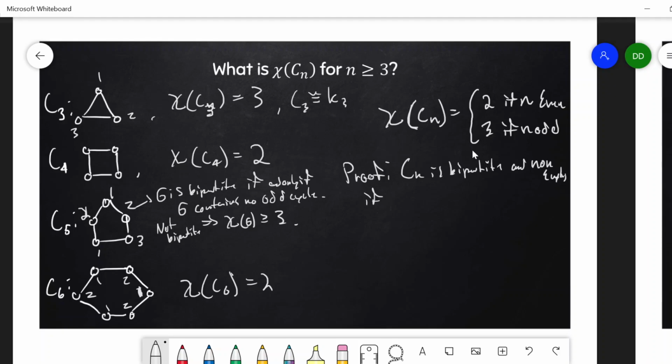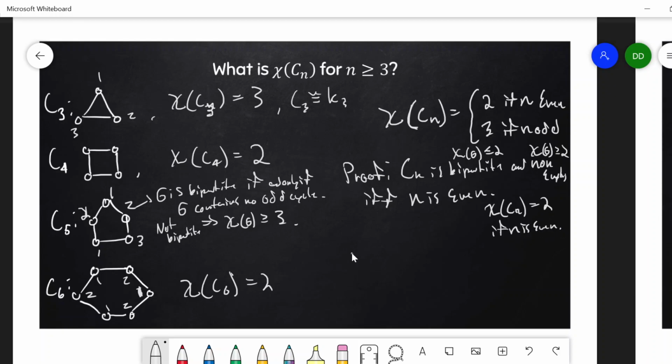Bipartite means it's two-colorable, so the chromatic number of G is at most 2. Non-empty means the chromatic number of G is at least 2, since the empty graphs are the only ones with chromatic number 1. So Cn is bipartite and non-empty if and only if n is even. And so that tells us that the chromatic number of Cn is equal to 2 if n is even.